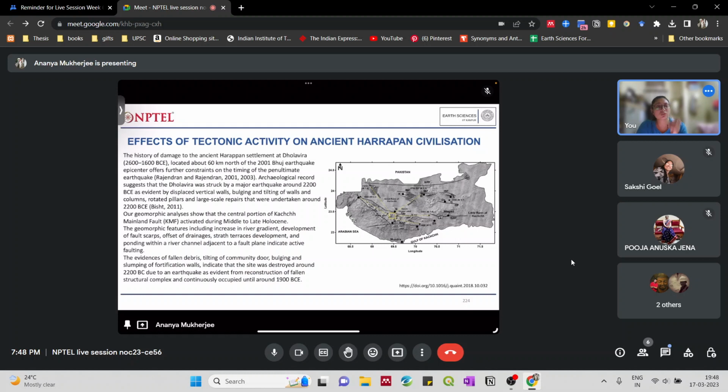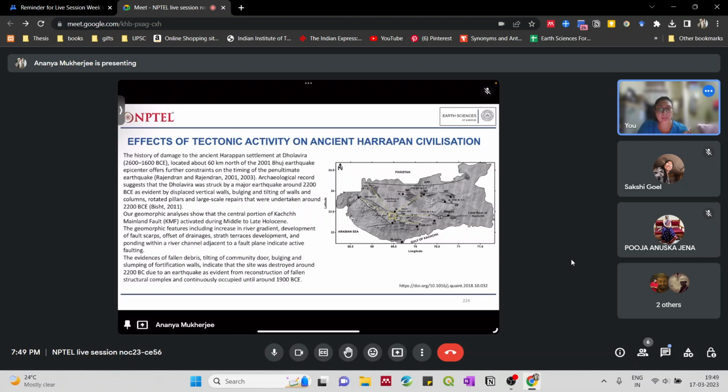This is how geomorphic analysis can also help you in understanding the archaeological perspective of such sites. It can tell you whether any sort of natural disasters affected or influenced the decline of such big civilizations of the past.